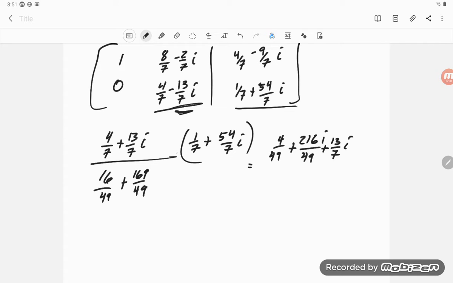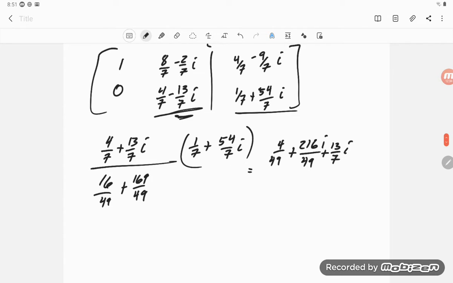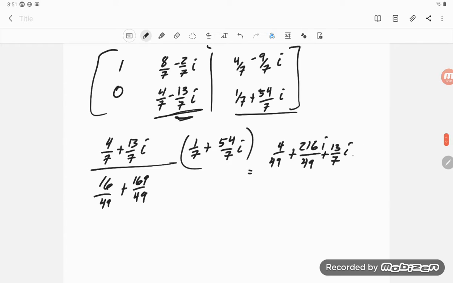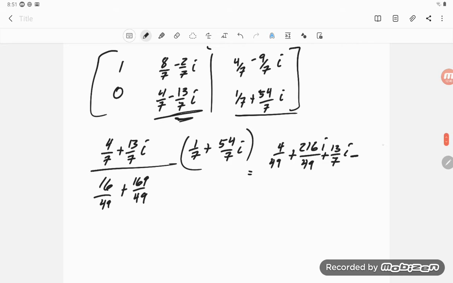And then for the 13/7, well, I've got 13 plus 13/7 i. And then 13 times 54, and it's going to be a negative because I've got an i times i, so that's -1. And I should have written 49 there.